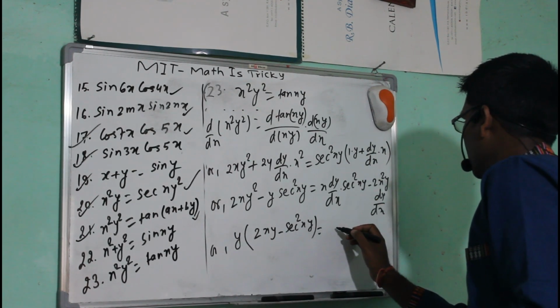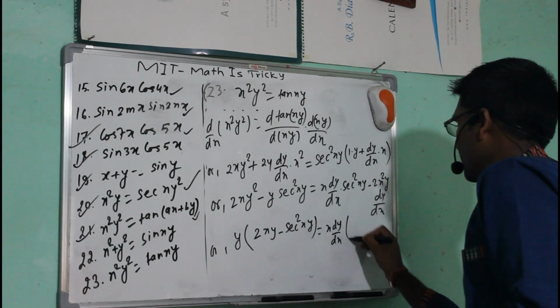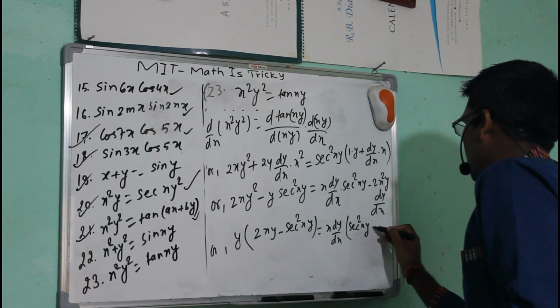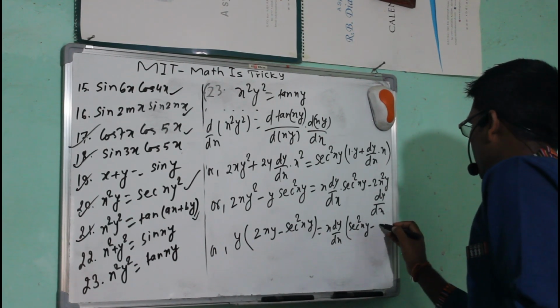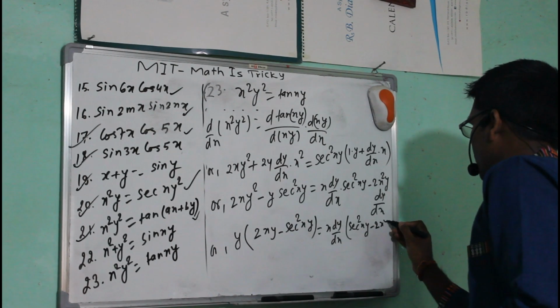X is common again here, x dy by dx is common, so we can write sec square xy minus 2xy.